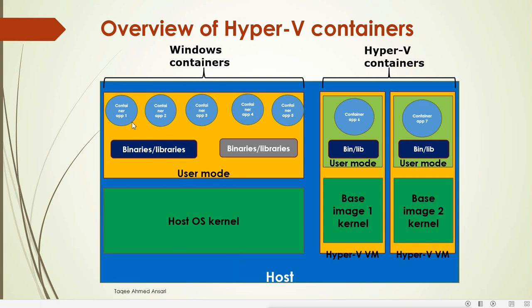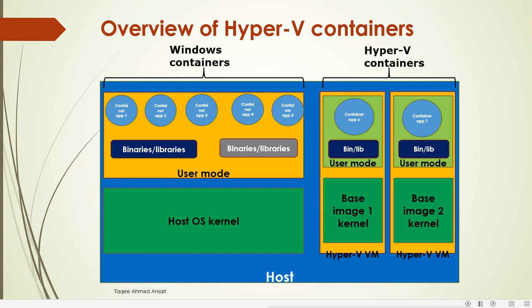So it looks like a virtualized operating system. We can use an Ubuntu container, a Linux container, a Unix container, a Windows container, where we can install the applications related to that operating system. So based on the application, we get the container of that operating system.